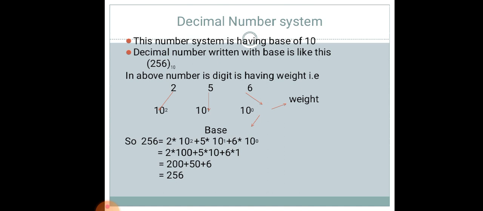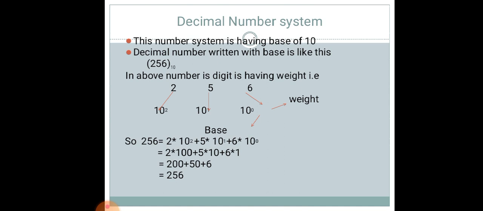Now 256 is equal to, each digit taken with its weight, and we add all the digits with their weights. How is it added? So 256, in that 2 into 10 raised to 2, so 10 raised to 2 is the weight of digit 2, then plus 5 into 10 raised to 1, plus 6 into 10 raised to 0.